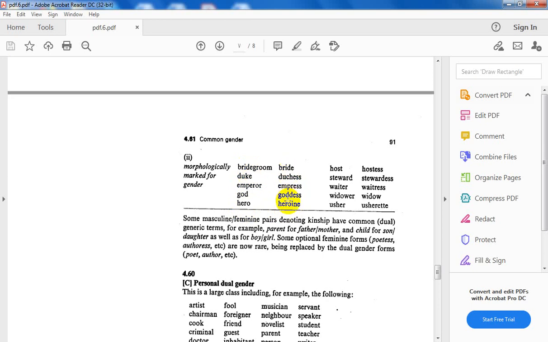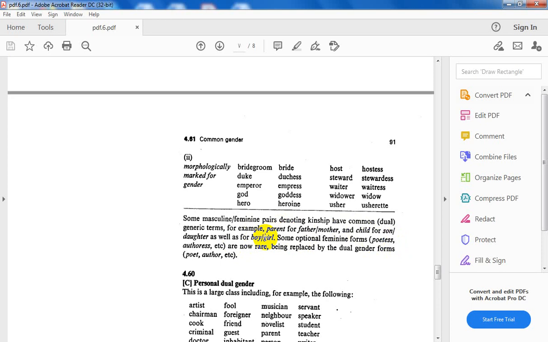Prince, host, hostess, steward, stewardess, waiter, waitress, widow, widower, usher, usherette. You see, I have the stem, host for example, then I add something to the stem to have the different form of gender. Some masculine and feminine pairs denoting kinship are common, dual, generic terms, for example, parent. Parent refers to father and mother. Child is for son and daughter. We say she is my child, he is my child.